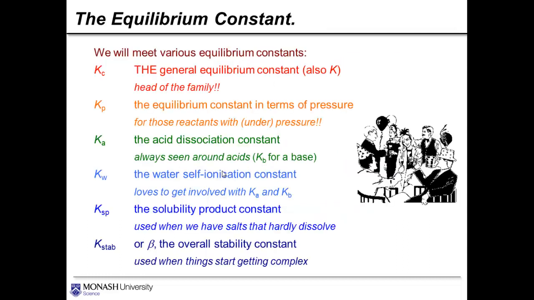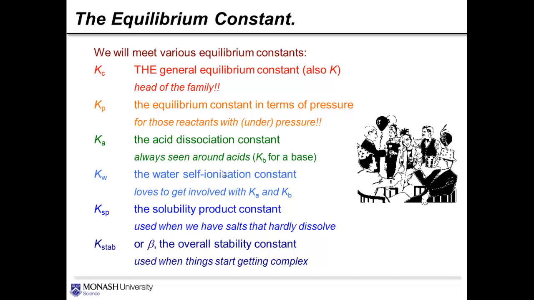And there are all sorts of equilibrium situations, and we have different constants to correspond to these. Kc is the general equilibrium constant. Sometimes you'll just see this one written as K. Kp represents the equilibrium constant in terms of pressure, which is of course used for situations for gas phase reactions and so on.